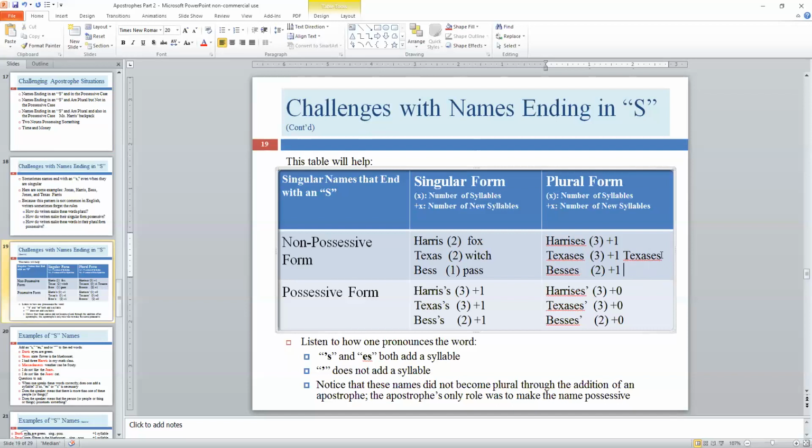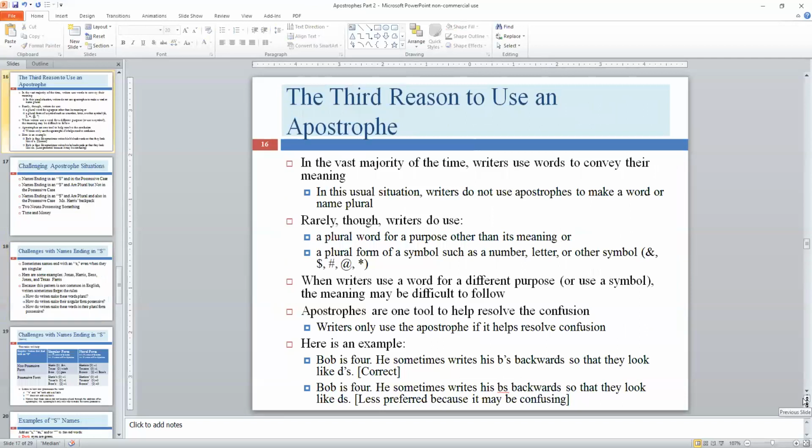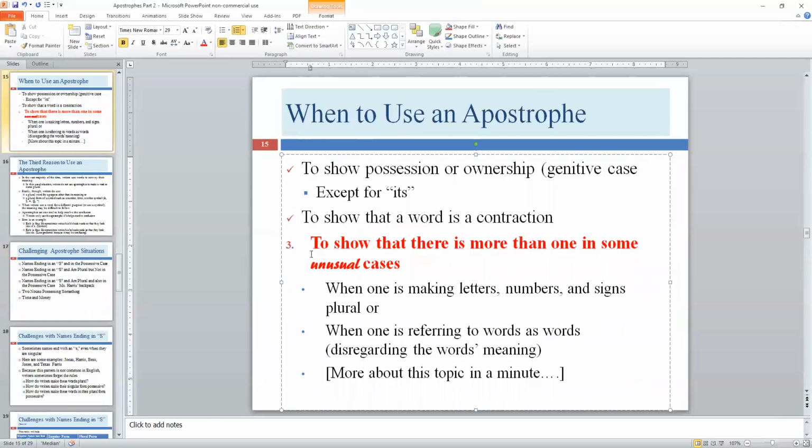There are people in this room who would incorrectly do this before you've seen this presentation, Bess apostrophe S. What you are really doing is pretending that this is the rule that is applying, but it's not the rule that applies. And that's what I said before. Sometimes people use this rule and they expand it until the point that it's not helpful.